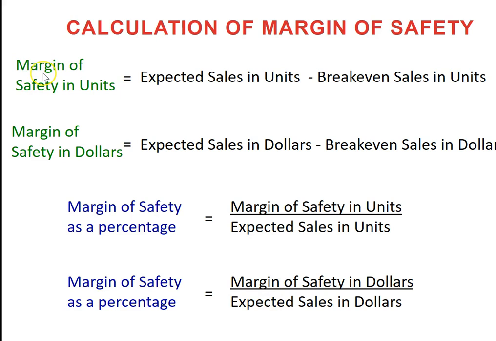Here you are using your margin of safety relative to your expected sales. The formula is margin of safety divided by expected sales. If you use units, it is margin of safety in units over expected sales in units. Or you could use dollar values, that means margin of safety in dollars over expected sales in dollars. So this is how you could calculate margin of safety.